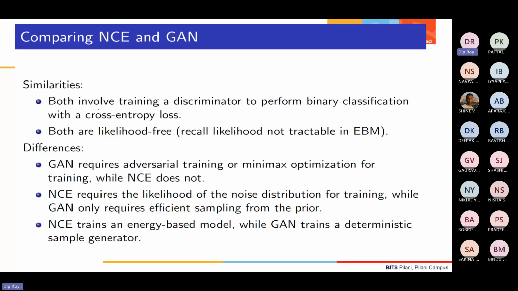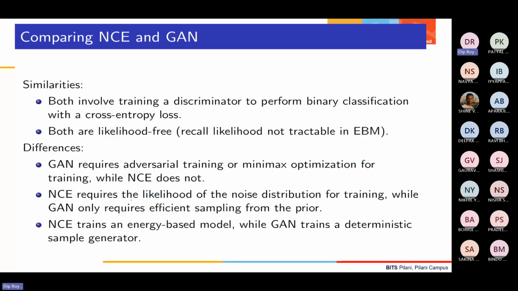And the key difference between NCE and a GAN is that both involve training a discriminator to perform binary classification with the cross entropy loss. Both are likelihood free. The difference is GAN requires adversarial training, that is, we do min-max optimization. NCE does not do min-max optimization because your generator is fixed. All right.